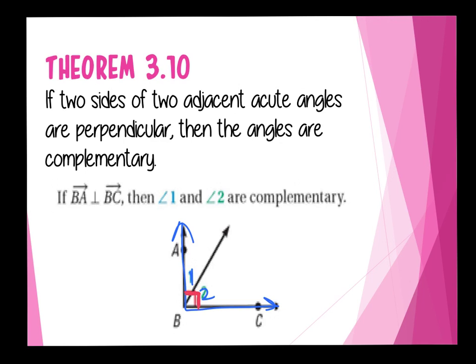AB is perpendicular to BC, and if that's the case, that's a right angle. If it's a right angle, then what's true? It's equal to 90 degrees. And does that mean it's complementary? And why? It's the definition of complementary, right? So it's basically one theorem that's putting that all together. If the exterior sides are perpendicular, then the angles are complementary.